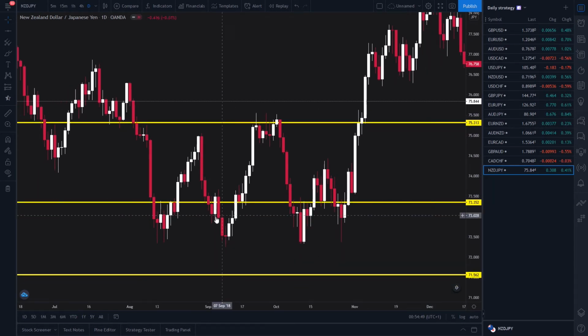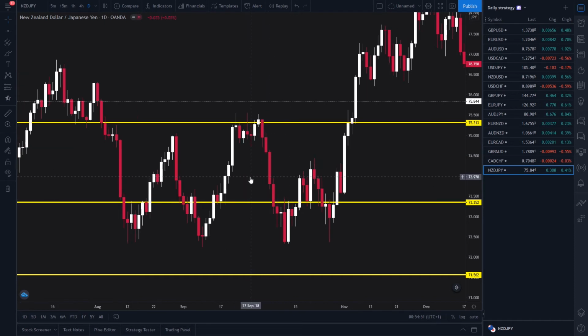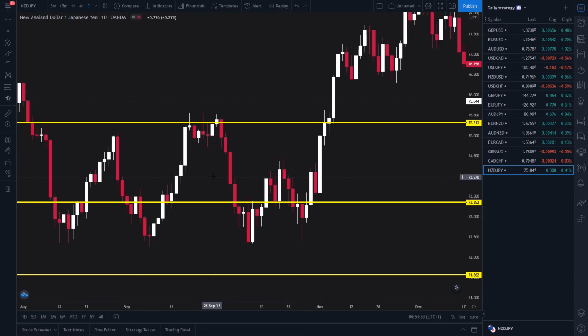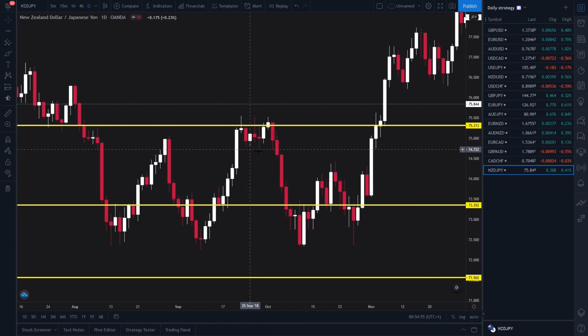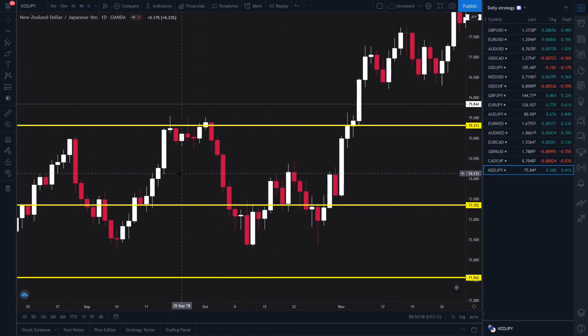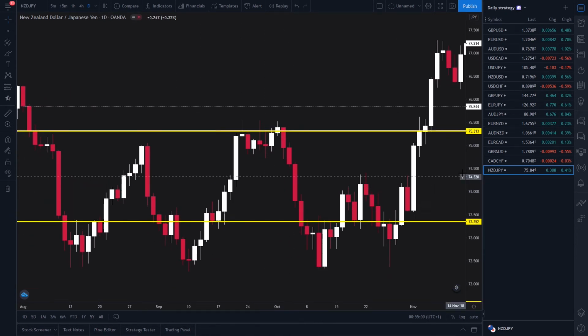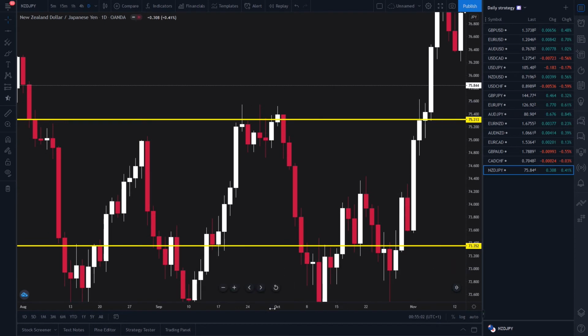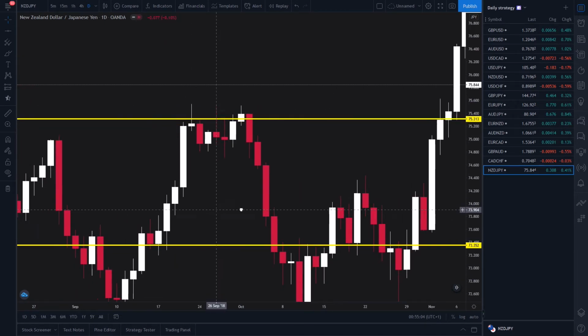So if your price is between those levels, you are looking for breaks and you are looking for reversal trades, and you are entering only after the indecision candles are formed on the levels.